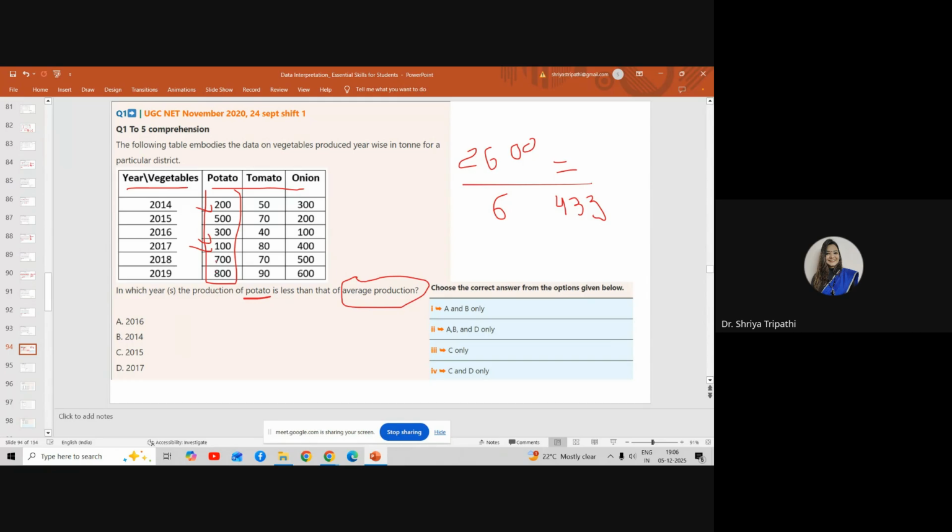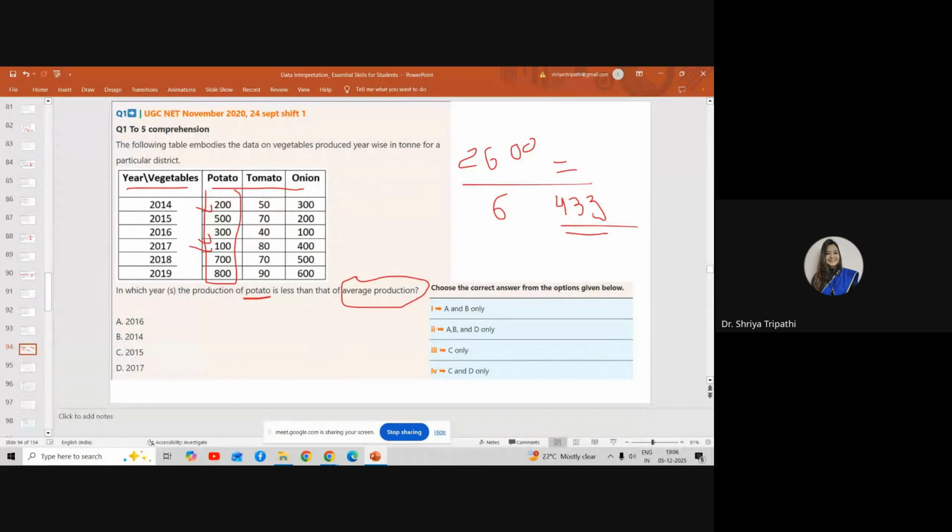So directly, 7 plus 3, 10, 8 plus 2, 10, plus 5 plus 1. 2600 divided by the number of years. We are having 6 years here from 14 till 19. 1, 2, 3, 4, 5, 6. So my average is coming approximately 433.